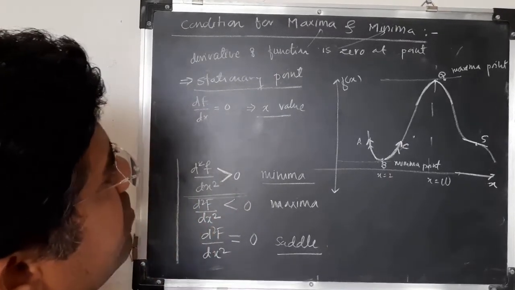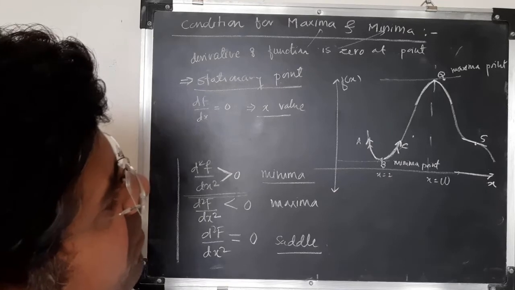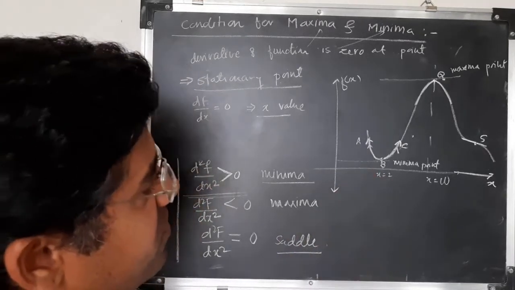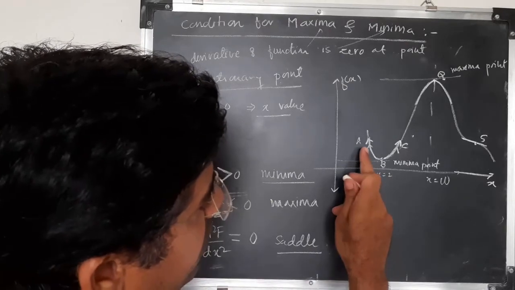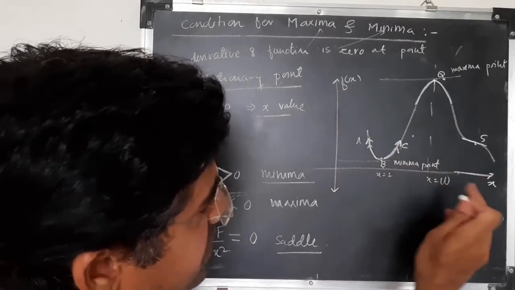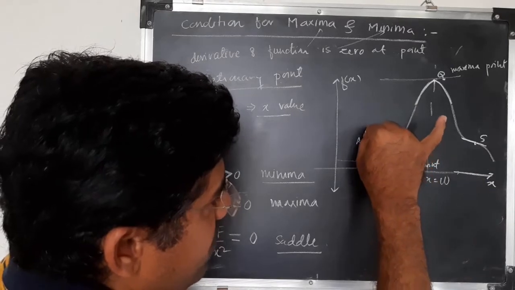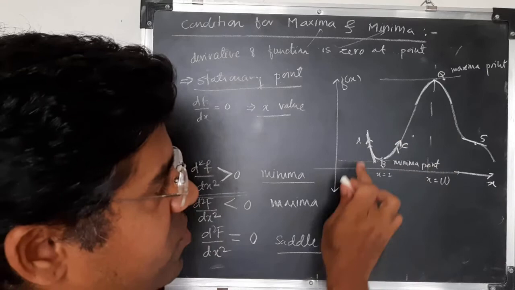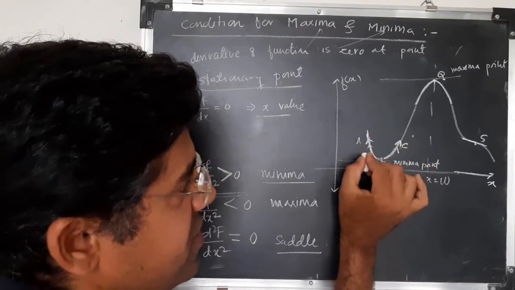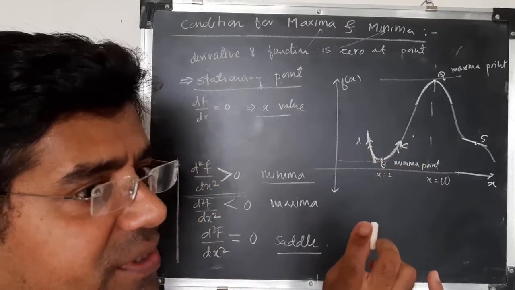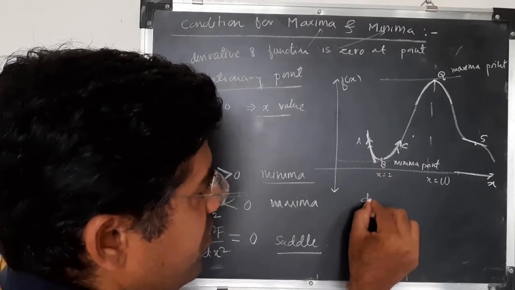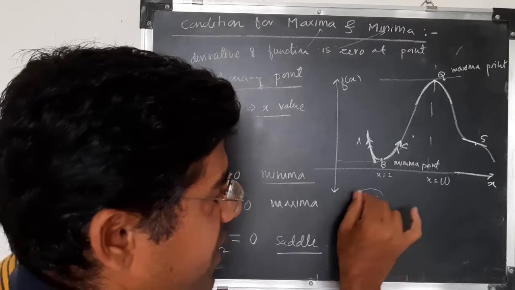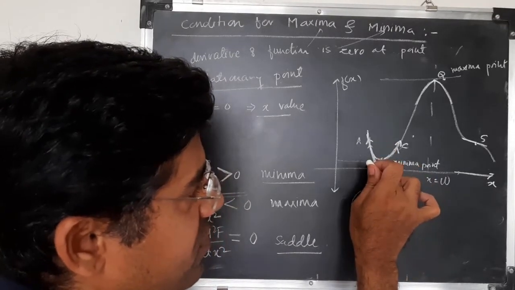Okay, so here we will take some graph. In this case, we'll see in terms of slope. Now this is f(x), this is x. Suppose I find the slope of this particular line. The slope of this line is negative. So this is df by dx, you are finding the slope of this particular curve.